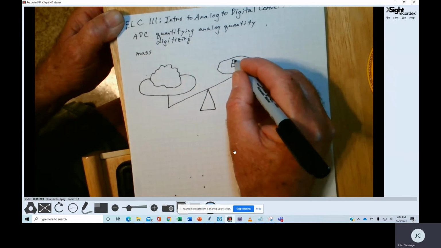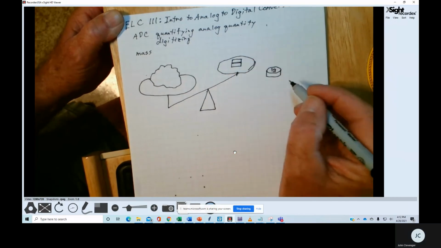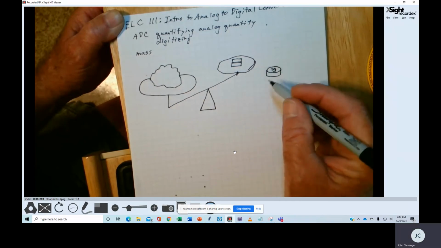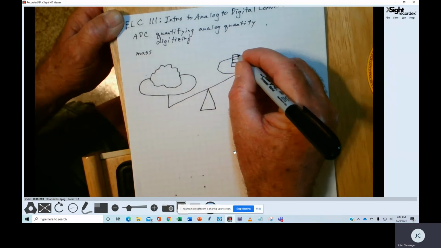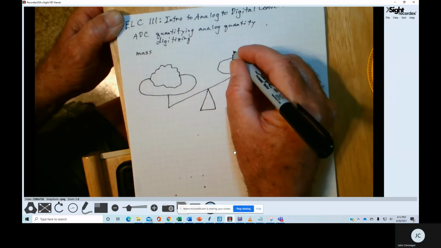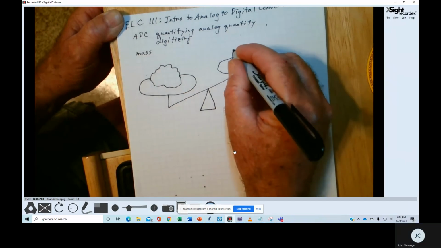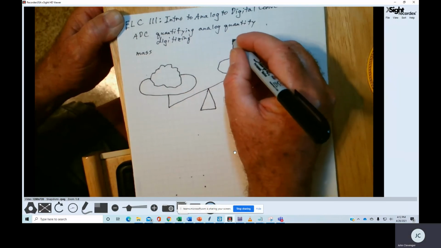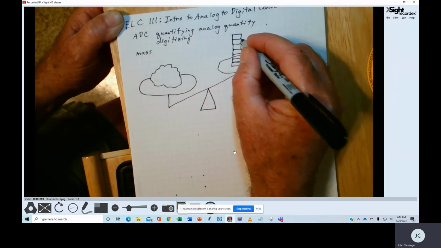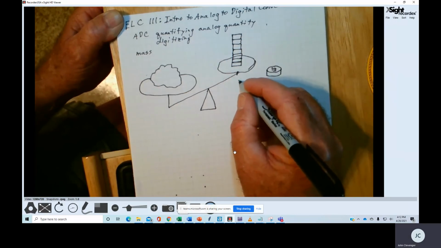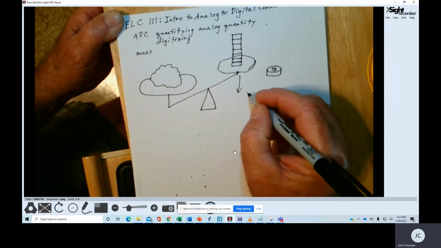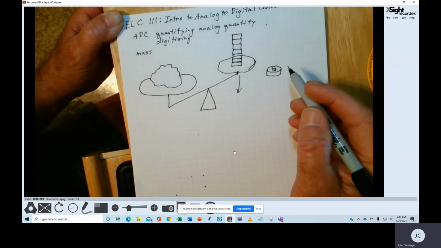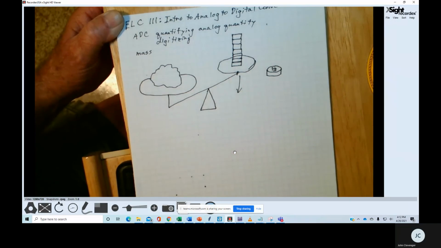So we stack another 1 gram weight up here, and of course this mass is still greater than the mass of 2 grams, so we would put another 1 gram weight up here, and another, and another, and another, and we would keep stacking these 1 gram weights up until the balance beam drops on this side, knowing that the mass on the right is greater than the mass on the left.